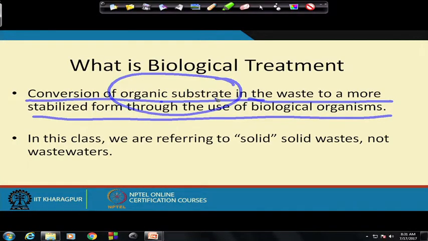When organic substrate converts, it essentially gets oxidized. Remember oxidation and reduction, which we have talked about in chemistry. The organic substance will get oxidized, and then something has to get reduced. In more technical chemistry terms, something has to accept the electron, because when an element or compound gets oxidized, electrons are released.